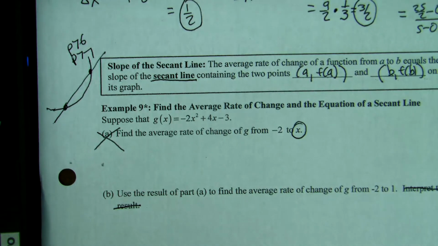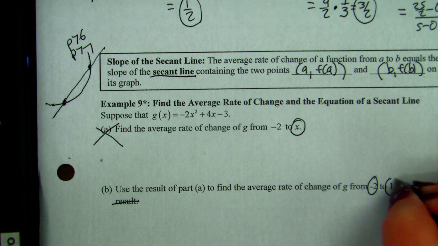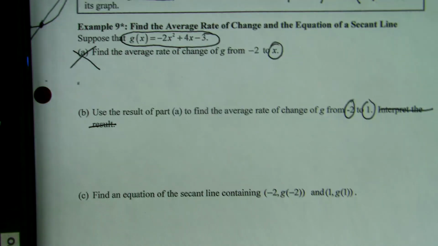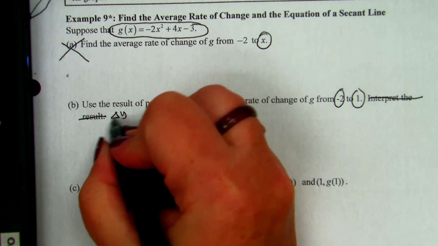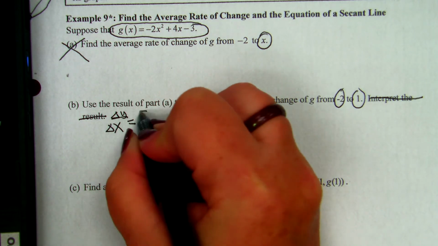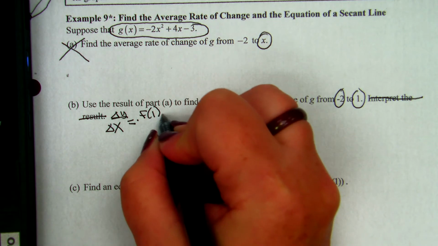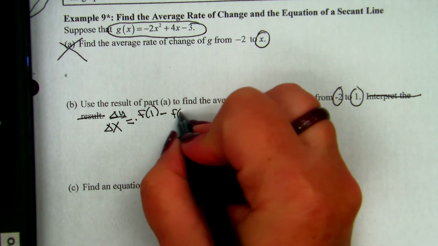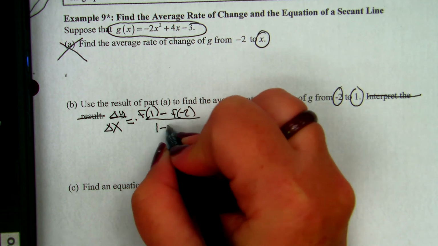The first one doesn't make sense because it says -2 to x. So we're going to find the average rate of change from -2 to 1 of g of x, which is right here. So change in y over change in x equals f of 1 minus f of -2 over 1 minus -2.